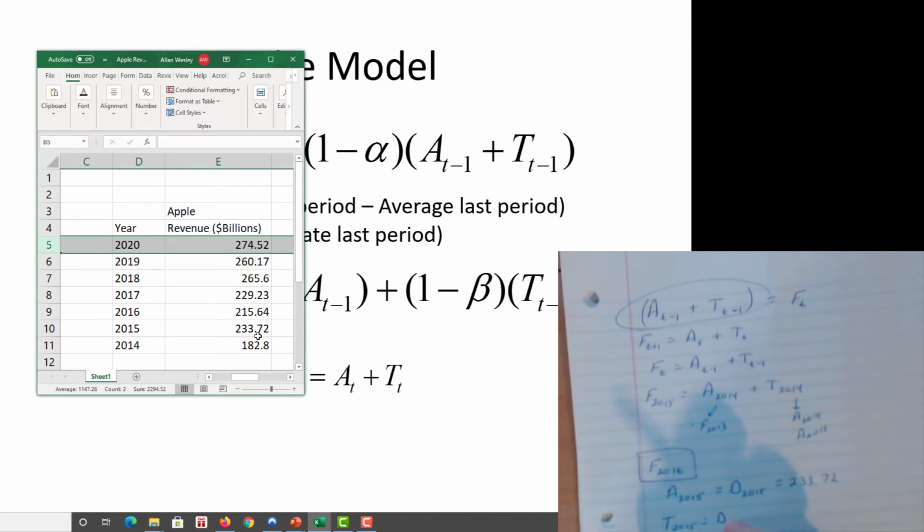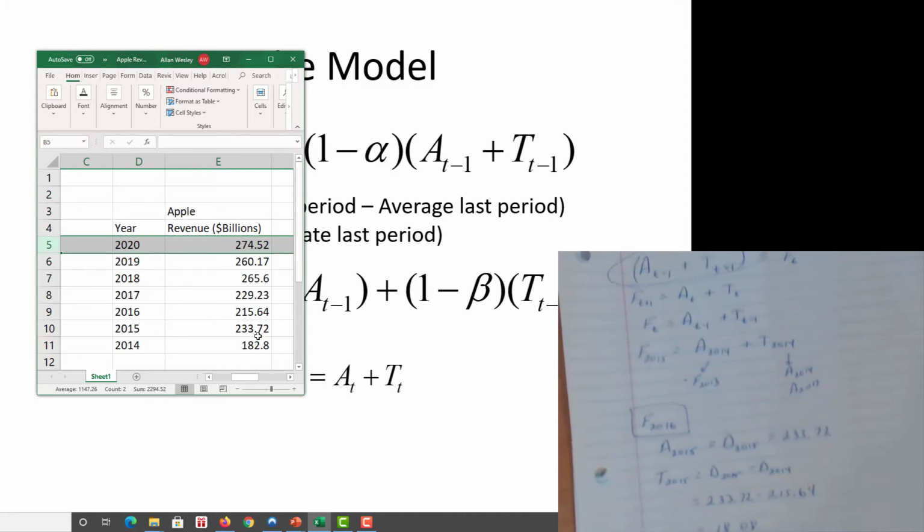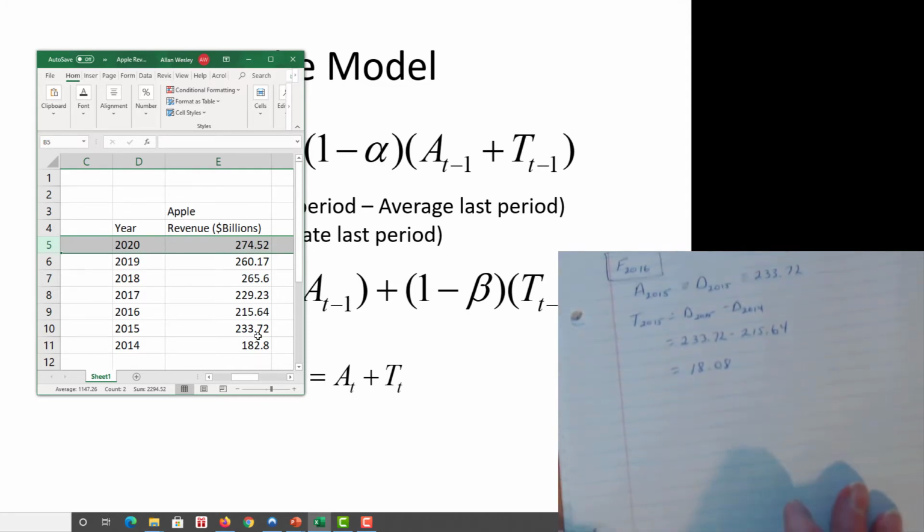So the demand for 2015 minus the demand for 2014 equals 233.72 minus 215.64. Just remember, these are all in billions of dollars. And the trend is $18.08 billion. Okay.